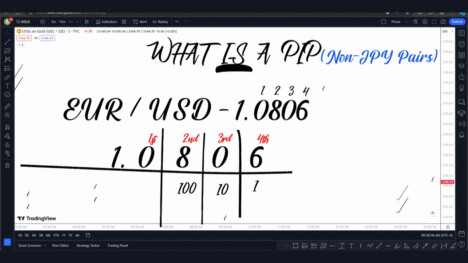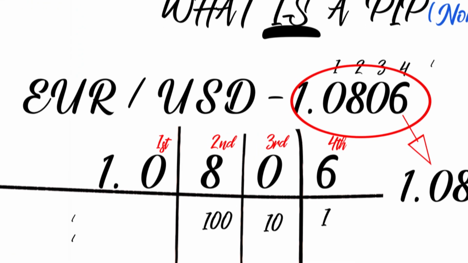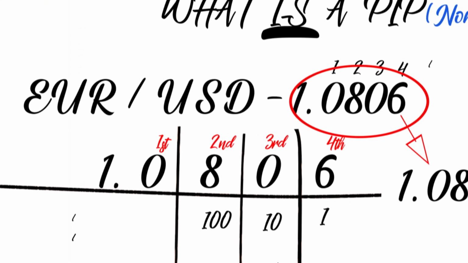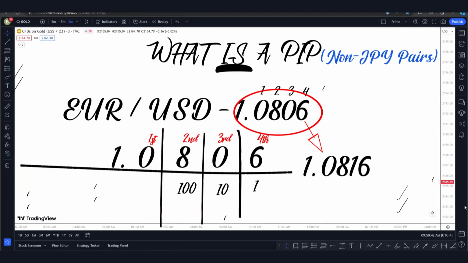That makes it really easy to say that when the euro dollar moves from 1.0806 to 1.0816, how many pips of movement do we have? Since the movement happened at the tens column, it's pretty easy to say that it's moved 10 pips based on the explanations I gave. It's pretty simple to understand it that way, guys.